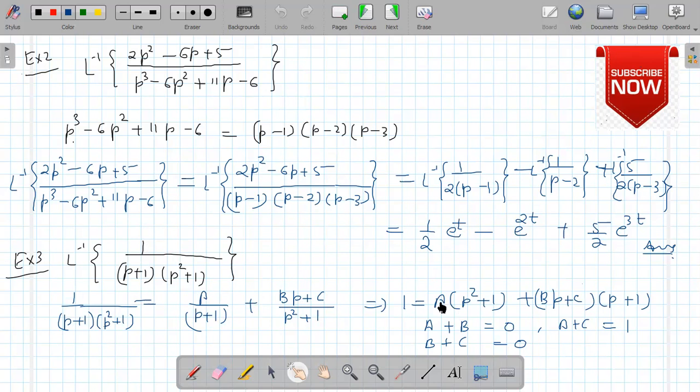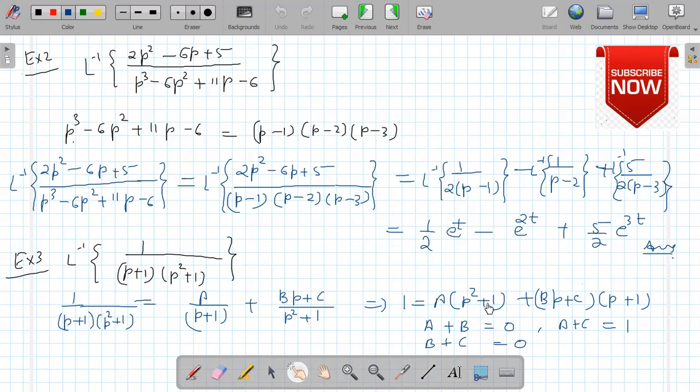Now to get the values of a, b and c, we equate the coefficients of p square, p, and we equate the constant terms from both sides. The coefficient of p square on the right hand side is a plus b, and on the left hand side we have 0. So one equation is a plus b equal to 0.